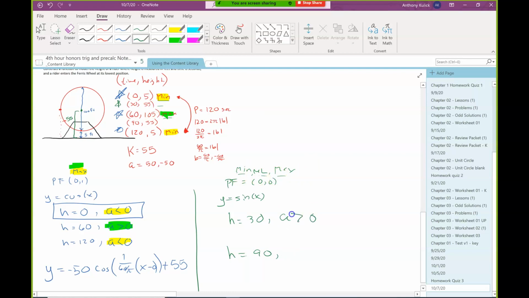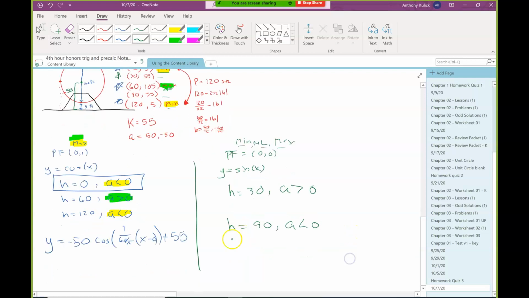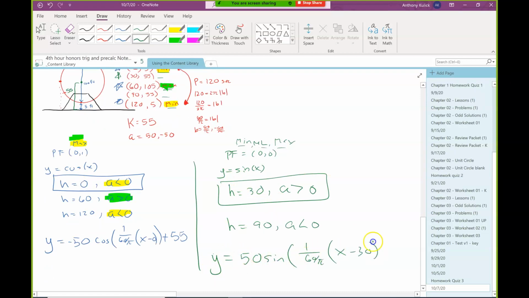But if we look at 90, we go maximum, midline, minimum. With that one, the a should be negative. Either would be fine to use, though. For the sake of argument, let's use this one. Everybody okay with what we did there?